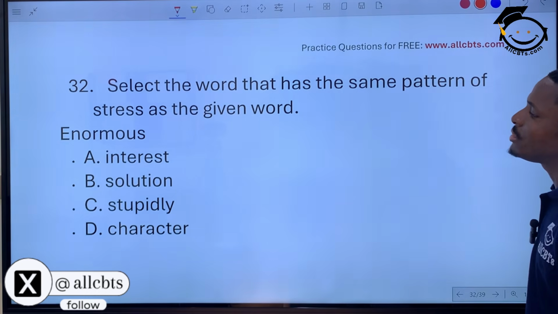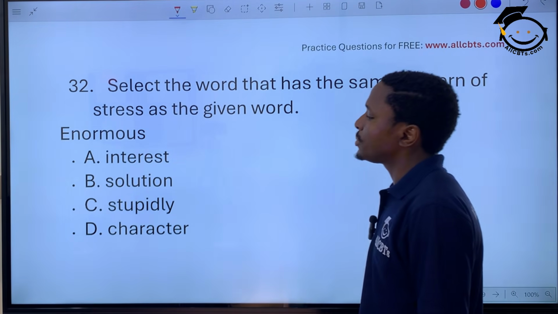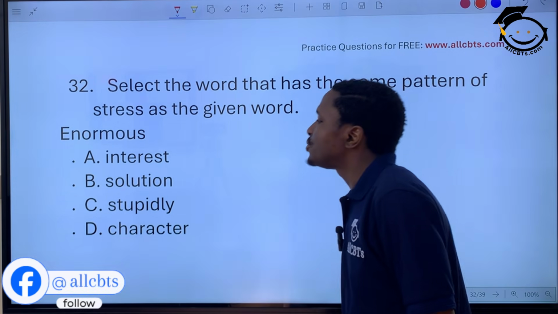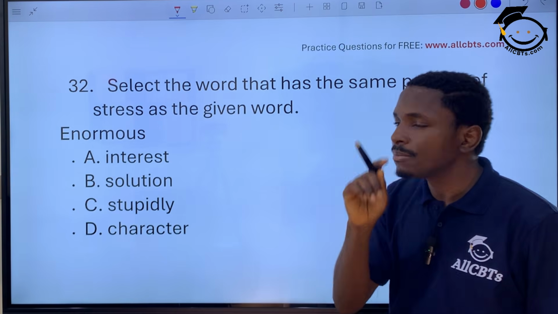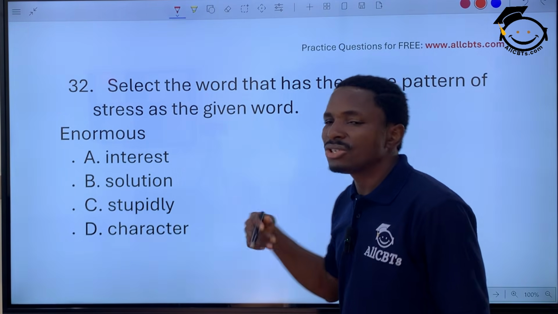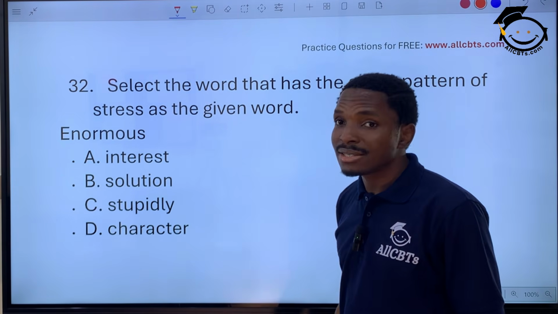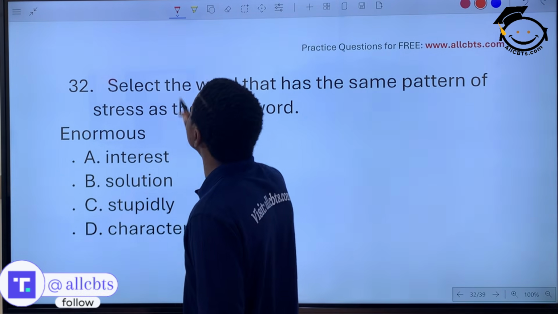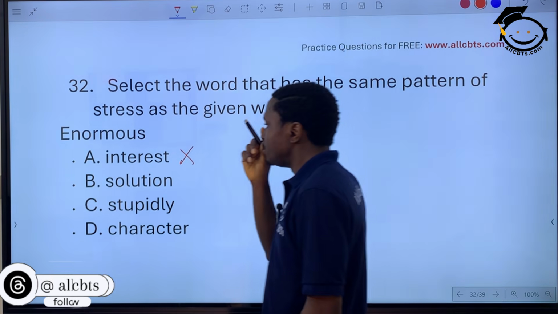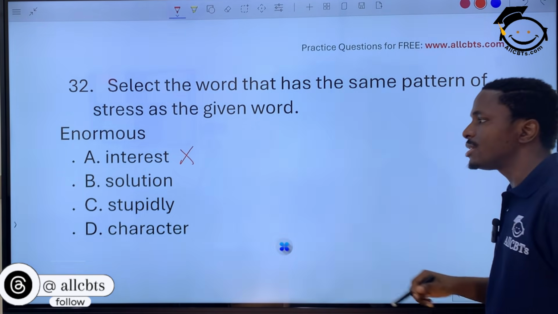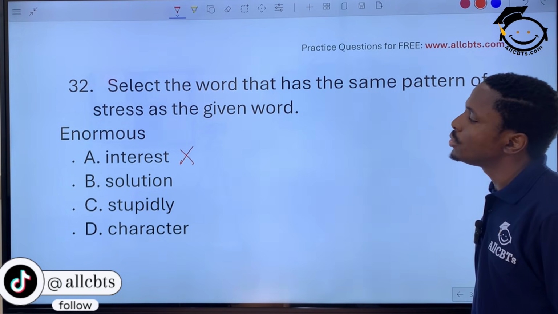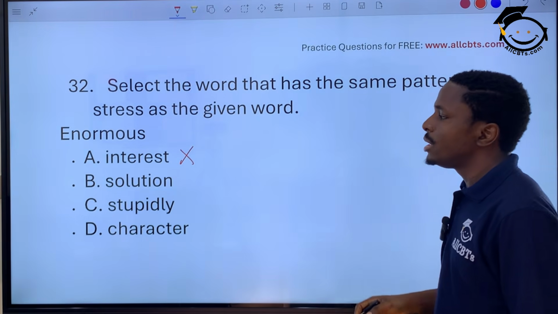Okay. Select the word that has the same pattern of stress as the given word. Enormous. Same pattern of stress. Now let's look at the options. Interest. First thing, enormous is a 3-syllable word. Interest is not enormous, so I can cancel this because this is 2-syllable. Then you have enormous.